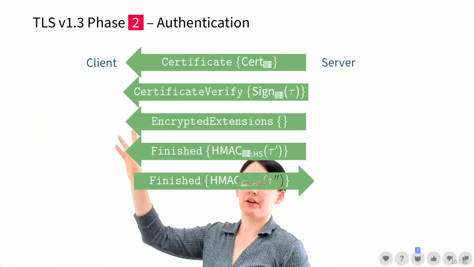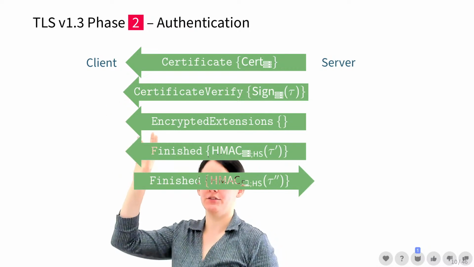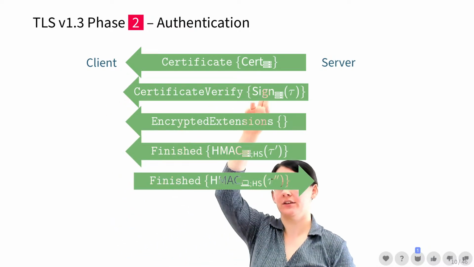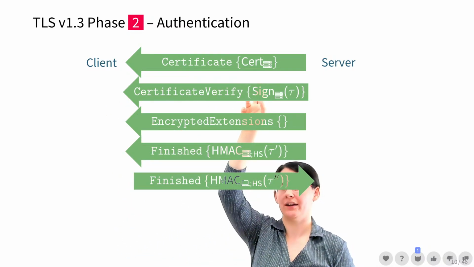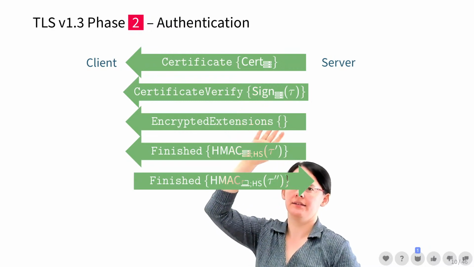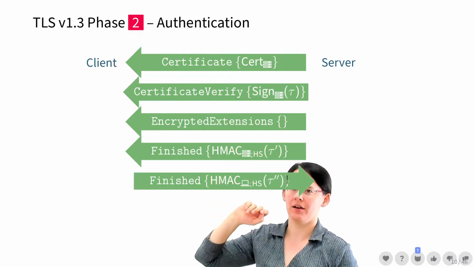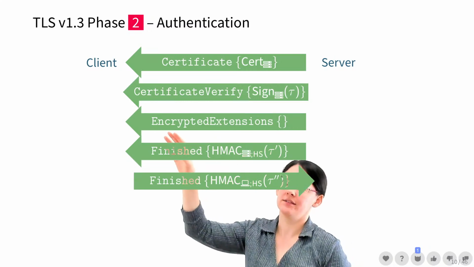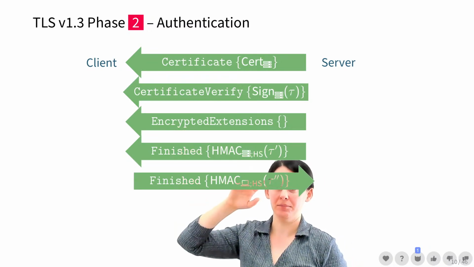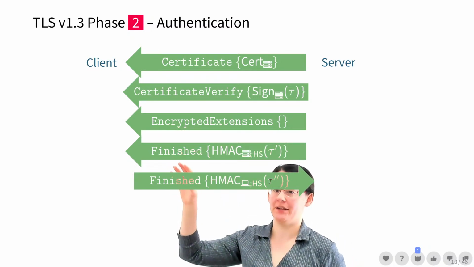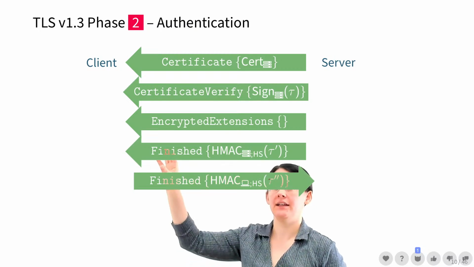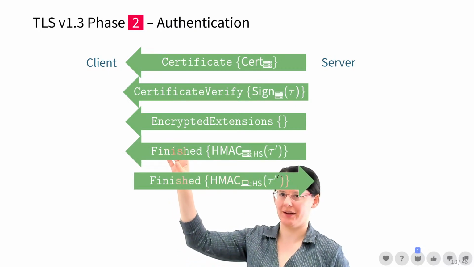So this allows now the client, after looking at these messages, to verify that they're talking to the server of the right website. And the server also sends some additional information along, including some encrypted key extensions which can be empty, and a finished message. So this is the end of the handshake from the server's perspective.